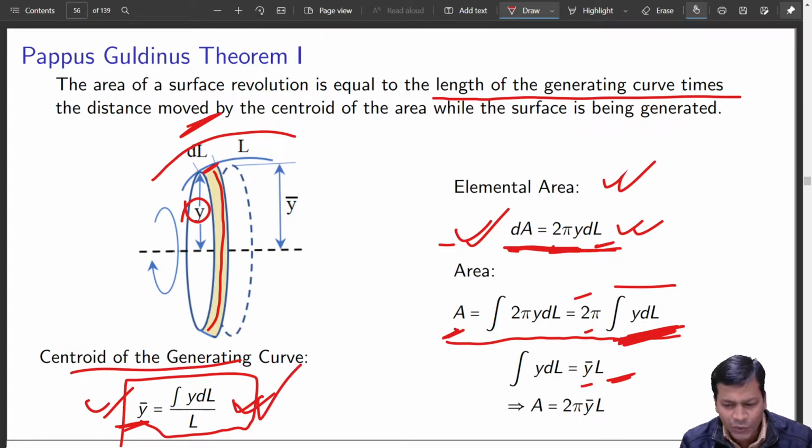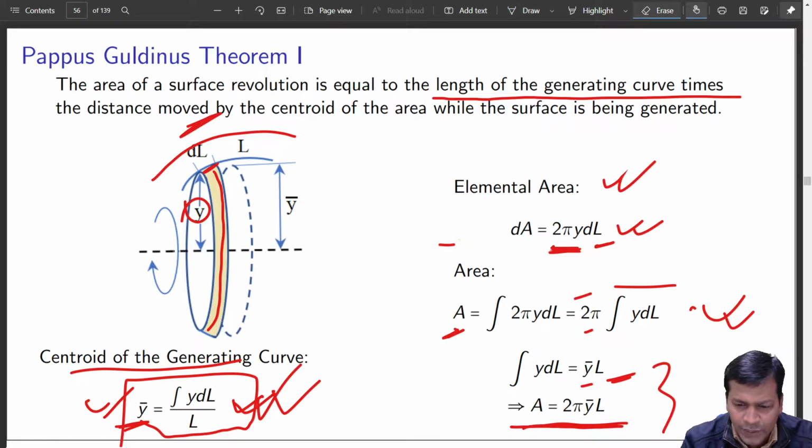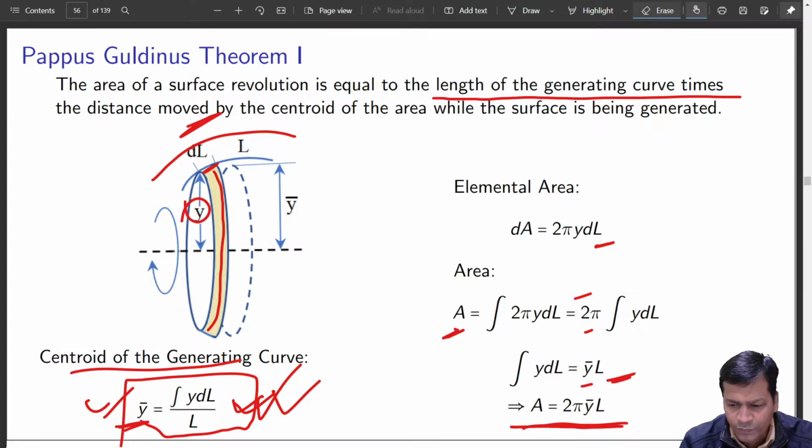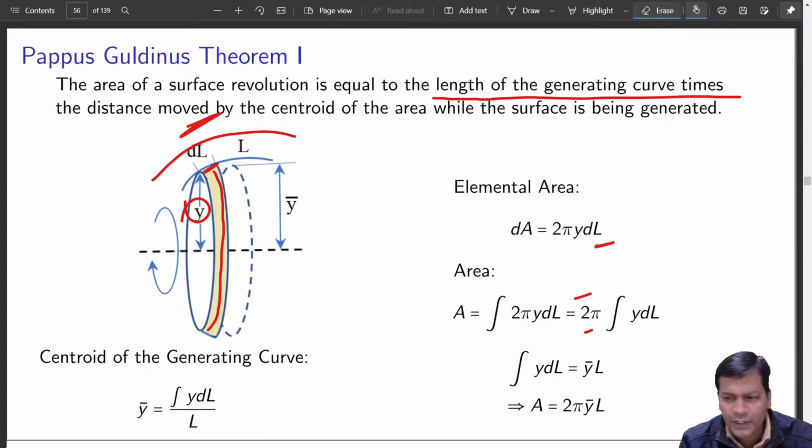Doing so you will get the area as this. Using this and substituting it here, you can quickly get this. Just watch it carefully. Once again, I am cleaning it off so that you can see that clearly. Got it?